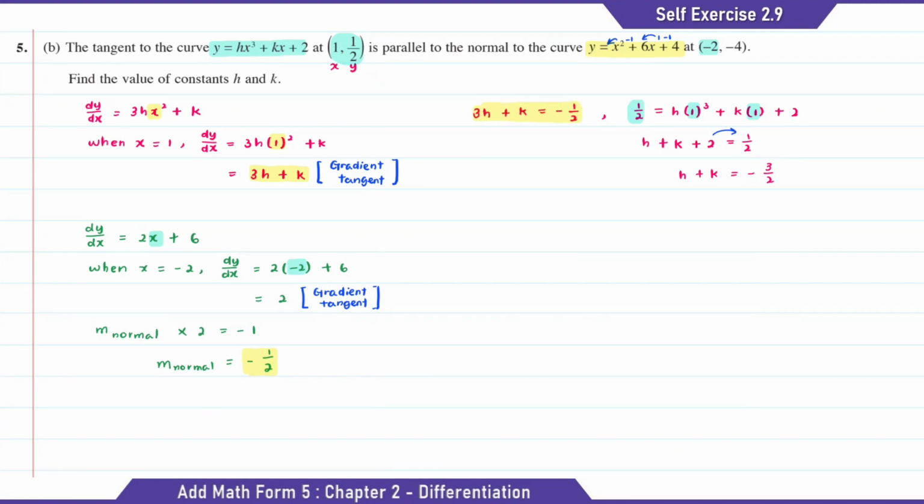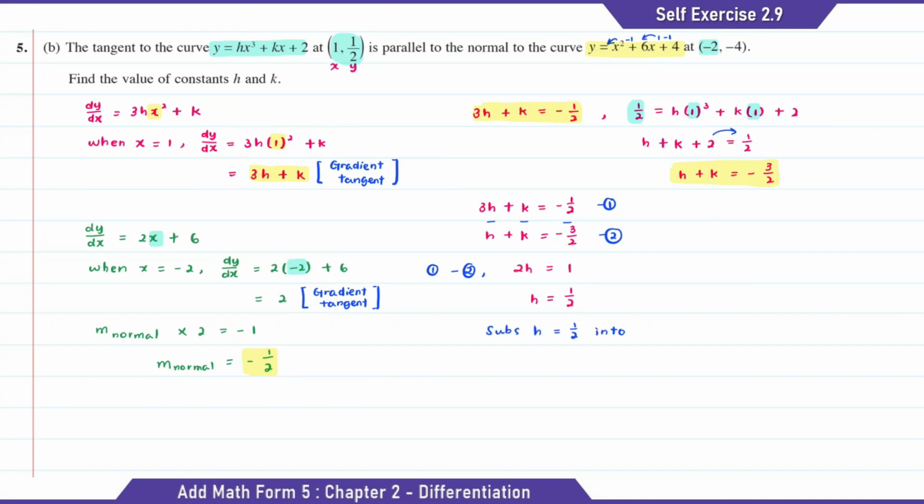So here we're going to solve these simultaneous linear equations using the elimination method. To eliminate k, I'm going to use equation 1 minus equation 2. So 3h minus h, we will get 2h, and negative 1 over 2 minus negative 3 over 2, the answer is 1. Then h is equal to 1 over 2.